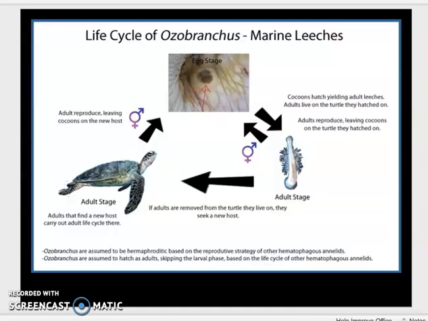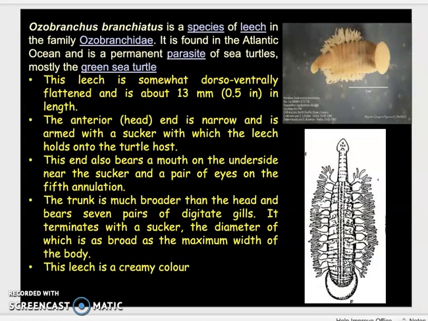This is the life cycle of Ozobranchus. The cocoons hatch into adult leeches. The leeches live on the turtle, the adults reproduce, laying cocoons onto the turtle, and they hatch on it. So these Ozobranchus are marine leeches, and they are parasites on freshwater tortoises and marine turtles.